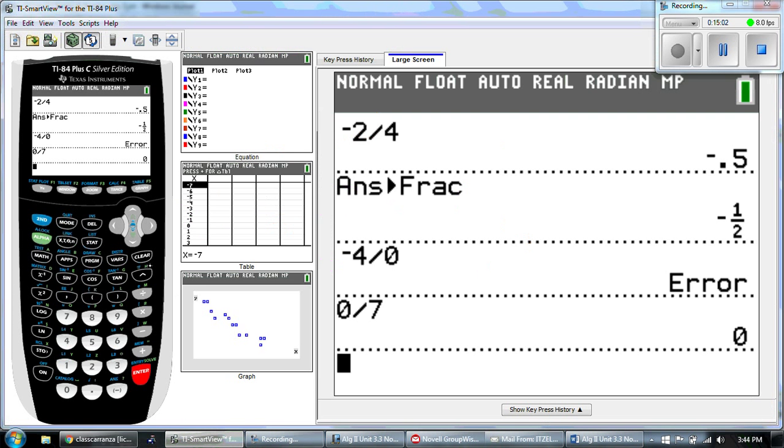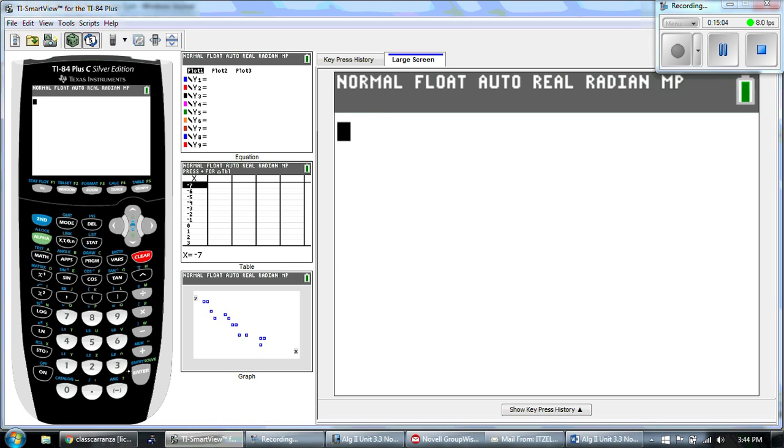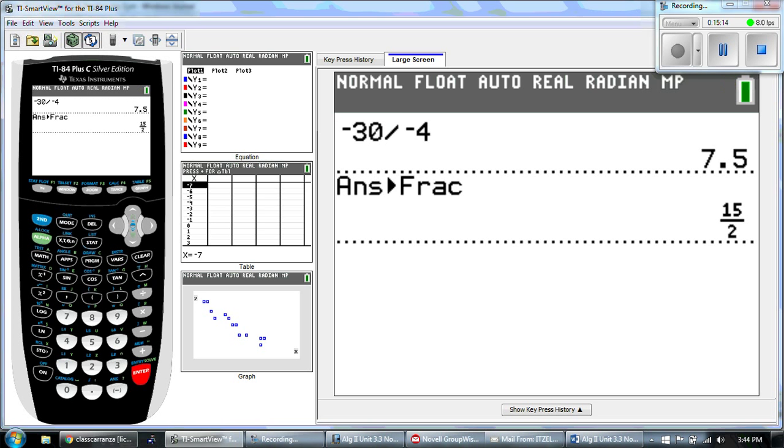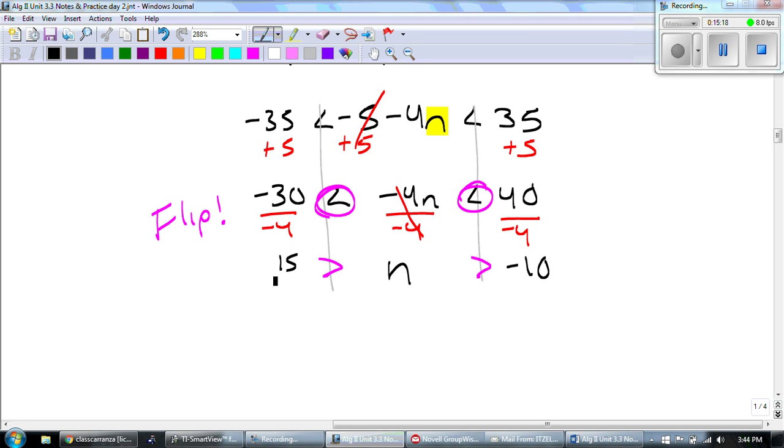That's the easy one. The other side, we have negative 30 divided by negative 4. Okay, 7.5 is going to help me in a second. I want that as a fraction, so it's 15 over 2. Now, if you notice, these are not in the correct order.